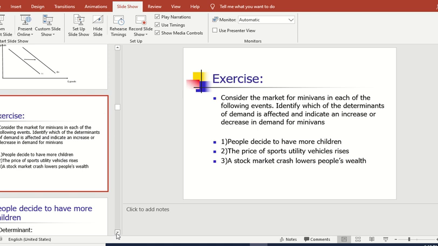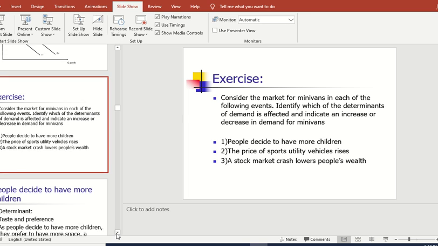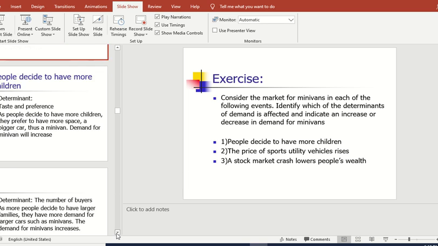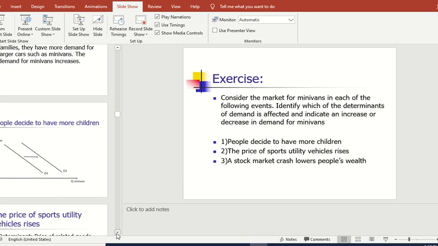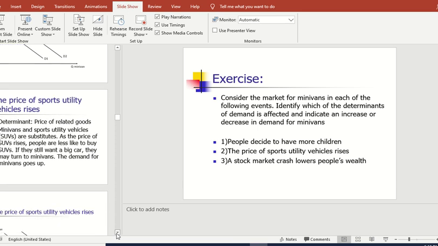We did mention income, but do bear in mind that income and wealth are not necessarily the same thing. Some people don't work, and they still have wealth. They may have inherited some from their parents, or they may have saved over time and accumulated some wealth. So they're not necessarily the same thing, but close enough.